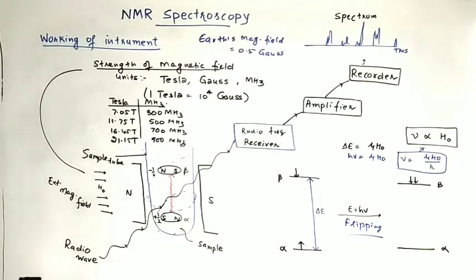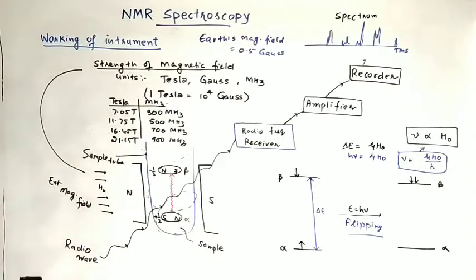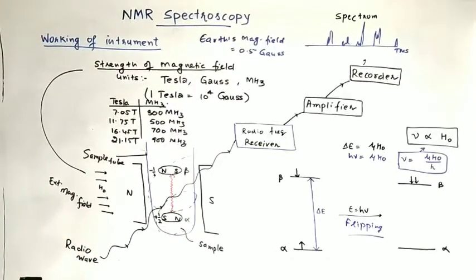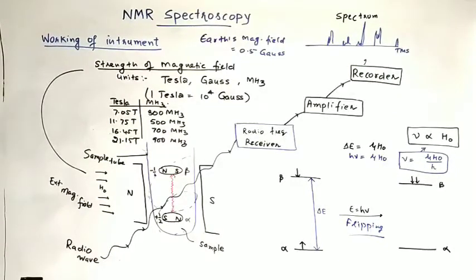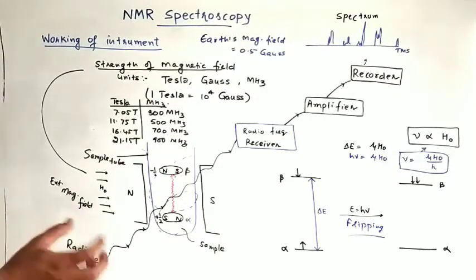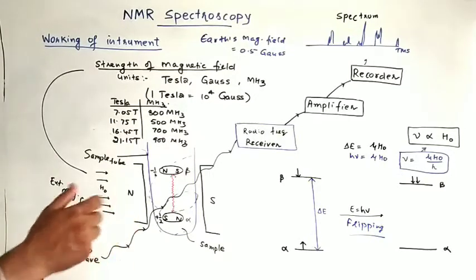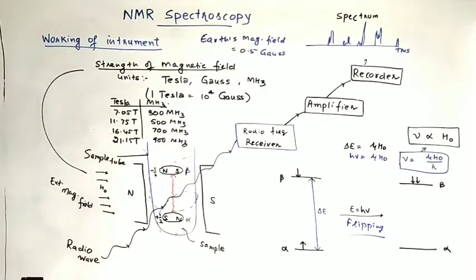So in NMR spectroscopy, the instrument is designed so that the radio frequency is kept constant. You can set it at any value, 60 megahertz, 100 megahertz, or 400 megahertz, and the magnetic field is varied. On tuning the magnetic field to the right strength, the proton flips from one state to another. Just like a scanning.